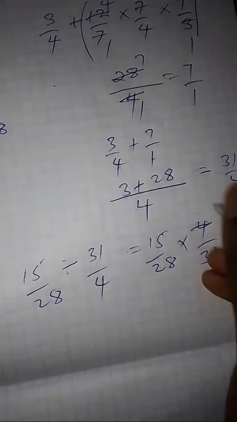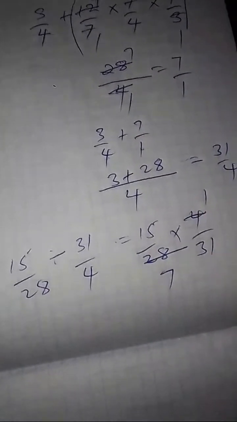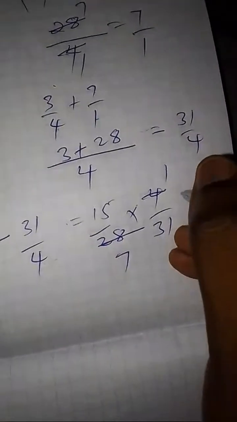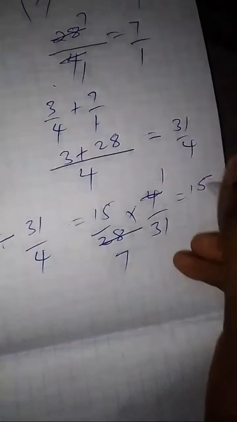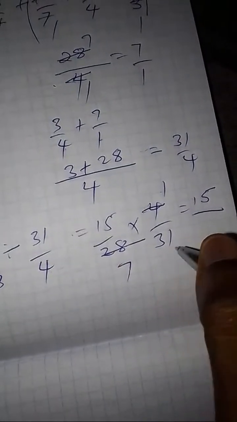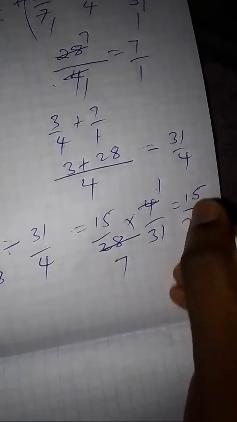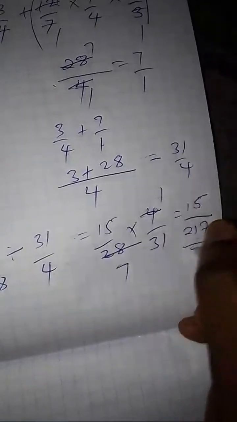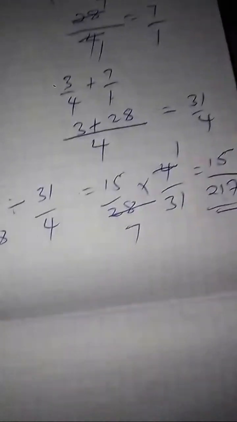So 4 here once, 4 into 28, 7 times. So our answer is now 15 all over 31 multiplied by 7 is 217. So that now becomes the answer.